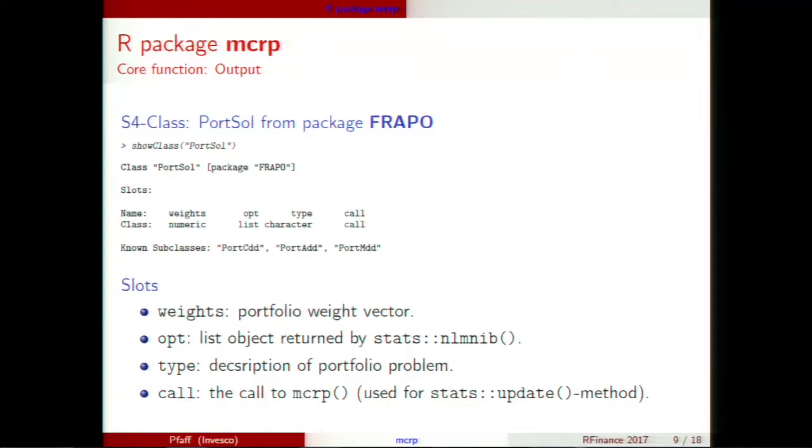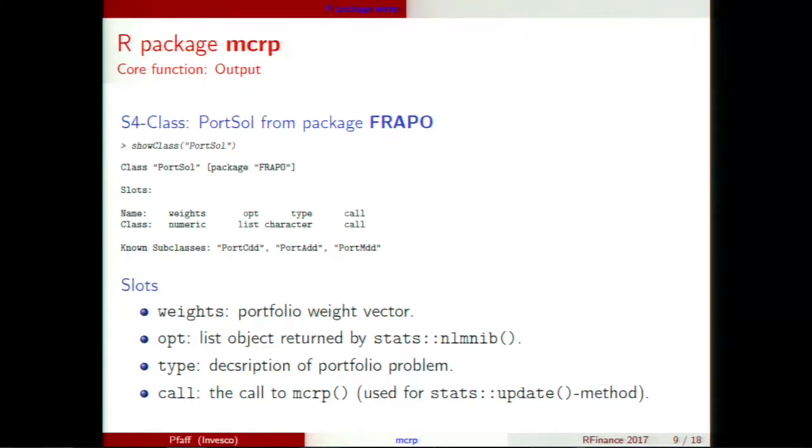Then it has an element opt, which is just a list object, what is returned by the optimizer, and that comes in handy for checking your solution, whether you have convergence issues, etc. Then there's also a character slot, which gives you a brief description of what you've really accomplished. And finally, it also has a slot call, which is of class call, and that comes in handy when you're doing updating.